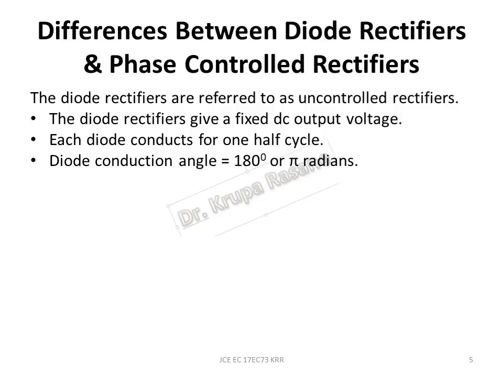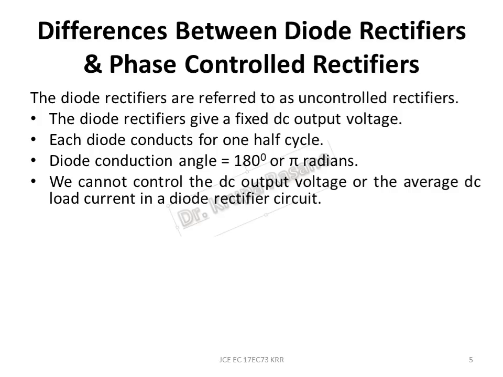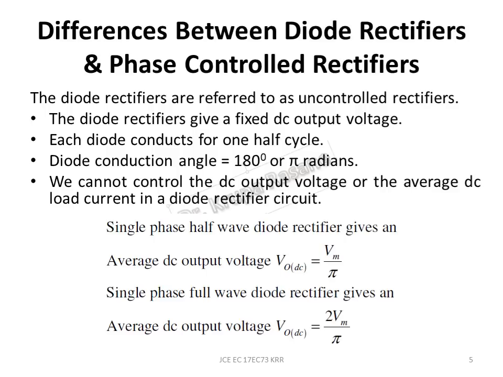So the total conduction period will be 180 degrees or pi radians. We cannot control the DC output voltage or the average DC load current in a diode rectifier circuit. Once at 0 it starts conducting and stops conducting at pi. So in between I cannot control the current flowing through the load resistance.